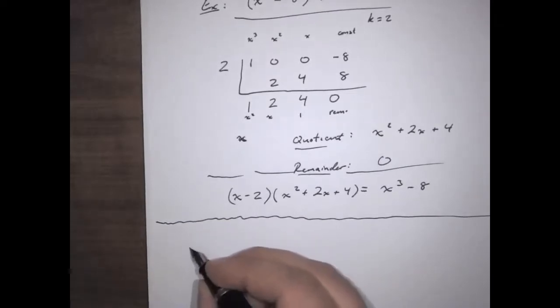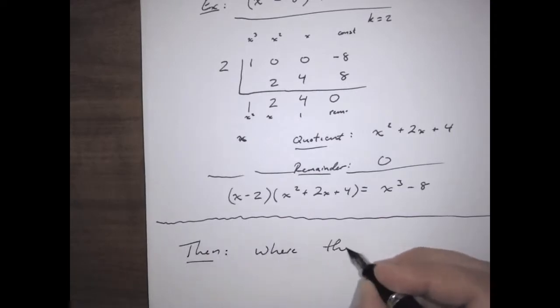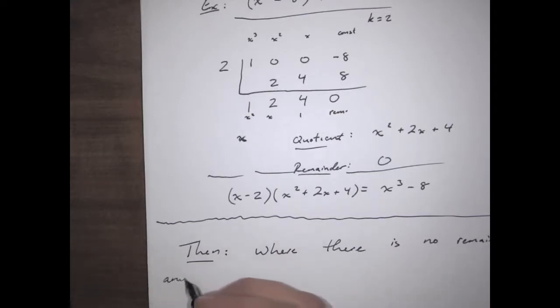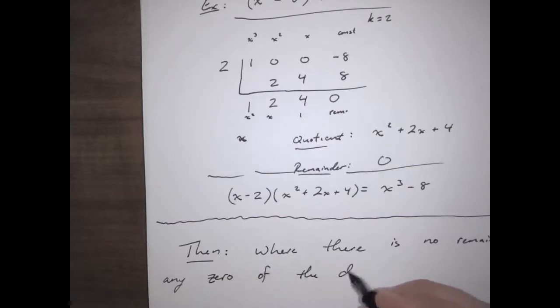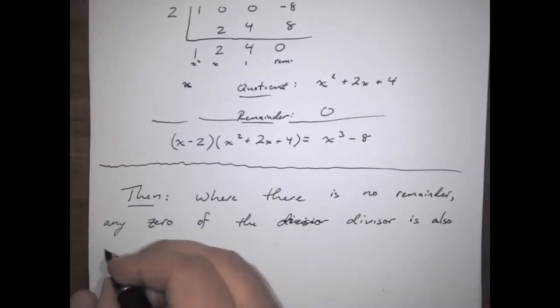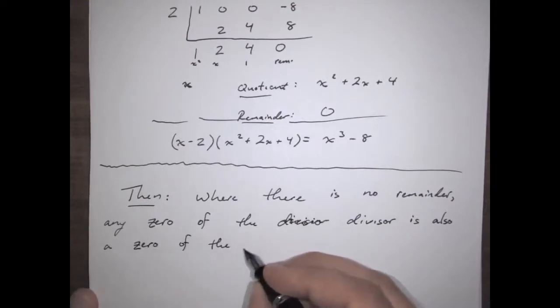So where there is no remainder, any 0 of the divisor is also a 0 of the dividend.